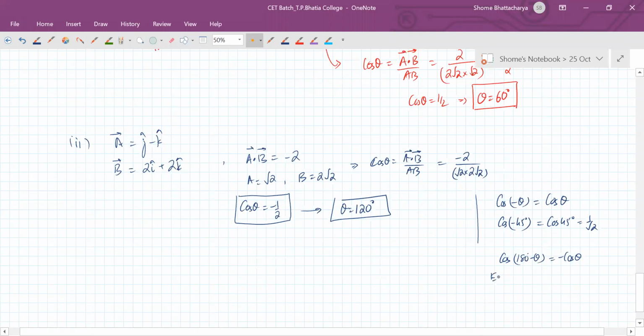So for example, cos of 135 is minus cos 45, which is minus 1 by root 2, whereas cos of 120 is minus cos 60, which is minus half.